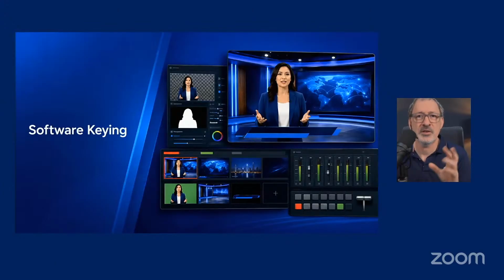And because they are processing at a higher level of resolution, of refresh, and they've got more processing power, they can have more controls that help you with, well, I'll say the edge cases. So the spill and the boundary between the person and the green screen.